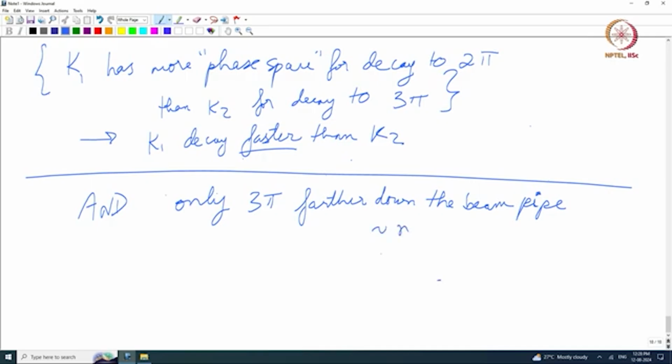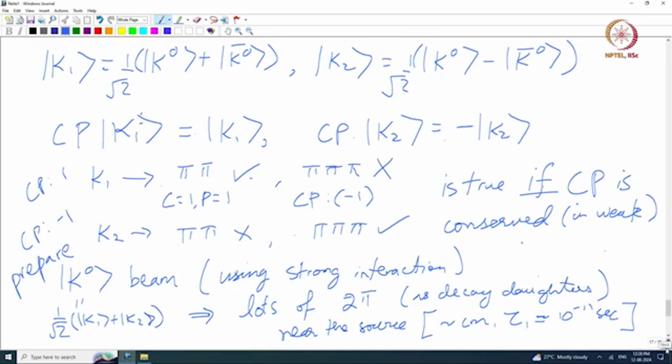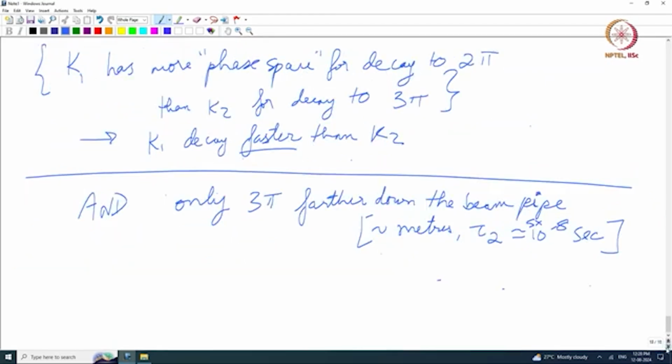How much farther down? This turns out to be an order of meters, because the K2's decay time is 5 times 10 to the power minus 8 seconds. The K2 decays to the 3 pions 300 times, or in fact 500 times slower than the K1, correct? 10 to the power minus 11 versus 5 times 10 to the power minus 8.